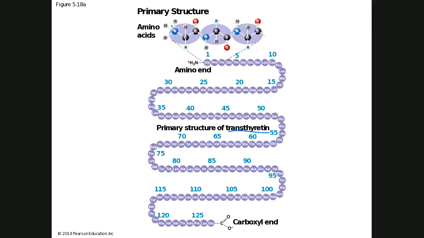Now, if this gets screwed up, if you get the wrong amino acid in the wrong order, you can potentially mess up the protein. I said potentially, not necessarily, but potentially. For example, if you switched one amino acid for another, but they were both hydrophilic, the effects may or may not be extreme.